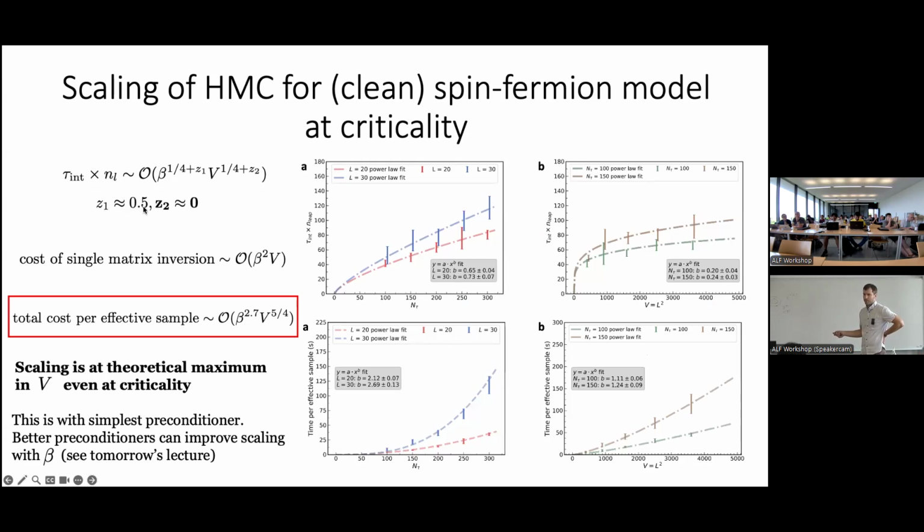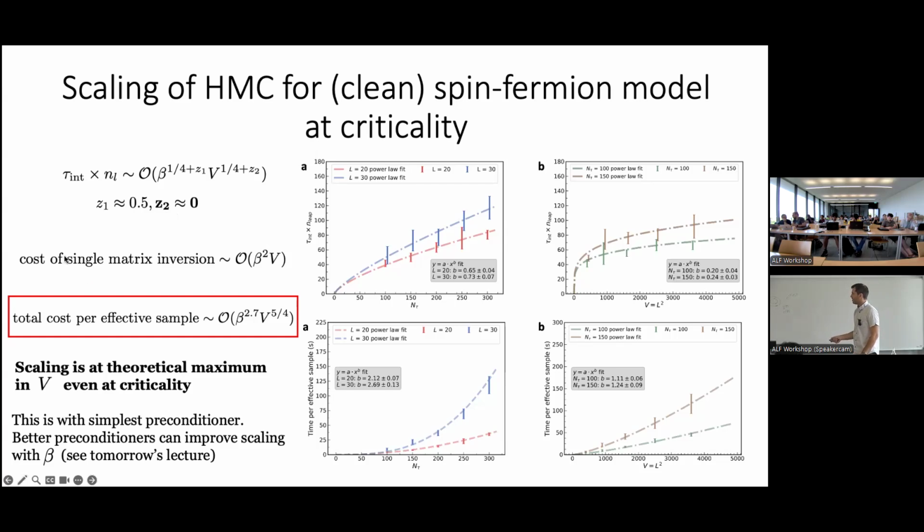So the critical slowing down in the spatial size is 0, and Z1 is different, it's 0.5. So 0.5 is somewhat different from 0. Maybe not a lot, but anyways, that's the scaling that we get.